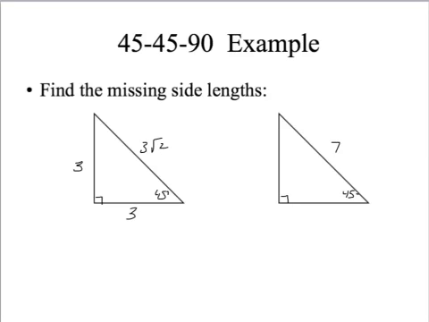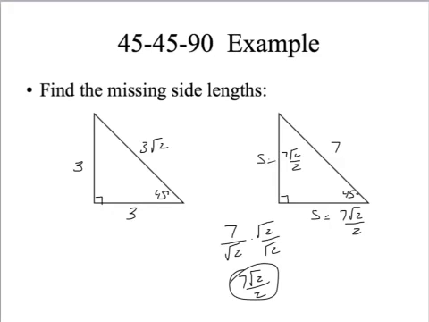Then going from 7 back to the side lengths, my side is 7 square root of 2 over 2, because I'm dividing 7 by the square root of 2, which means I multiply to rationalize that denominator, and so I get 7 square root of 2 over 2, and that's the math behind that.